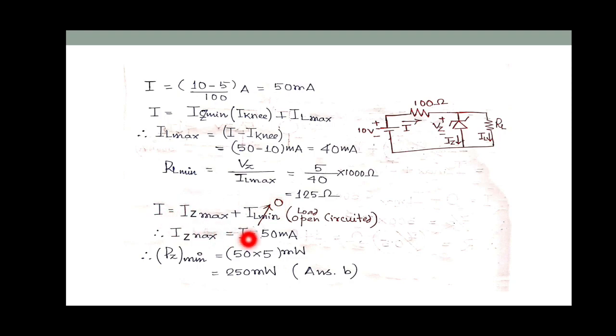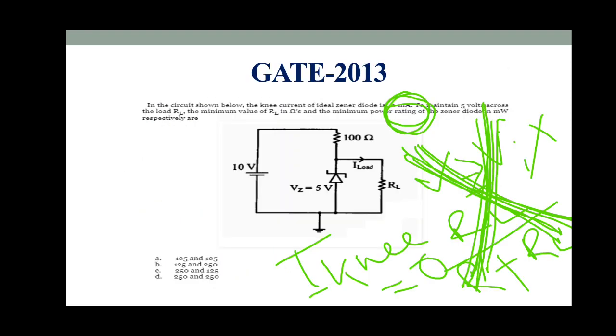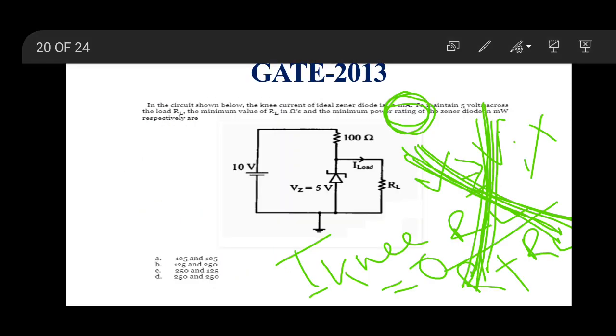So I equals IZ max, that is 50 milliampere. And the minimum rating that this Zener diode should be designed to withstand is 50 into 5 milliwatt, that is equal to 250 milliwatt. So the answer is B, 125 and 250.